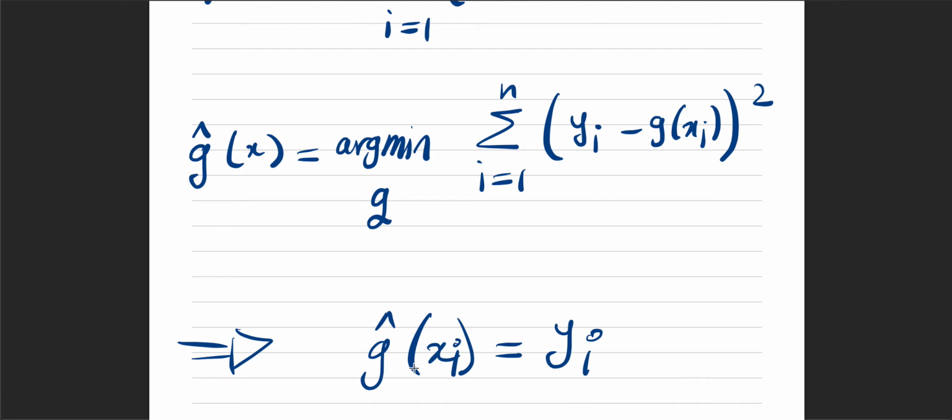We can have g hat of xi being equal to yi. In other words, this g hat interpolates all the yi's. And this function is overfitting the data. It's just too flexible.